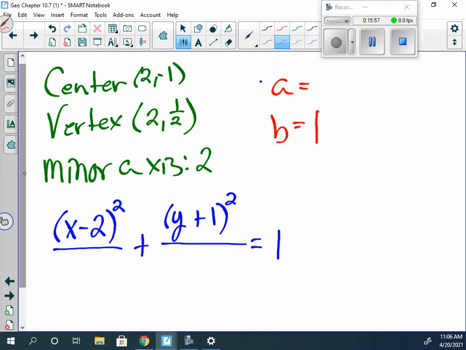If it was along the minor axis, we would not be able to get anywhere, because they gave me the minor axis length, so it would just give me the value of B. It wouldn't actually get me anywhere. Does that make sense? Because we need something with A. Center doesn't tell me anything about A. It just tells me where the center of this ellipse is. Minor axis tells me the value of B, that length.